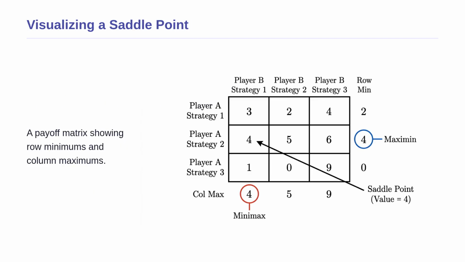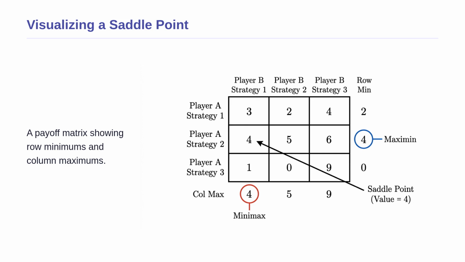Before we move on to a full calculation, let us see this visually. The diagram on screen demonstrates how a saddle point is found in a payoff matrix. You are looking at a grid where player A's strategies form the rows and player B's strategies form the columns. By listing the minimums of each row on the right and the maximums of each column on the bottom, we can easily compare the maximin and minimax values.